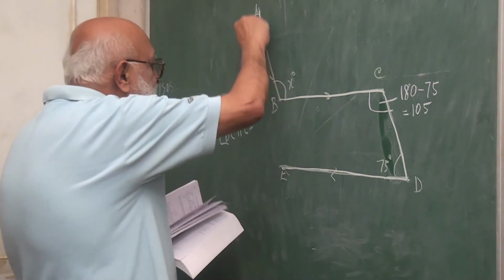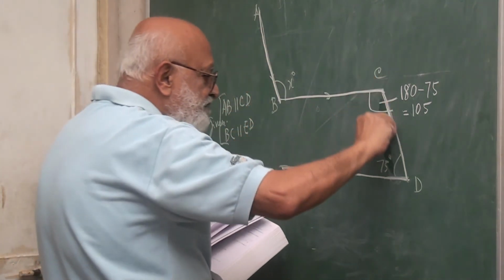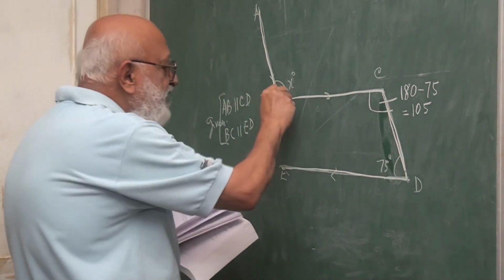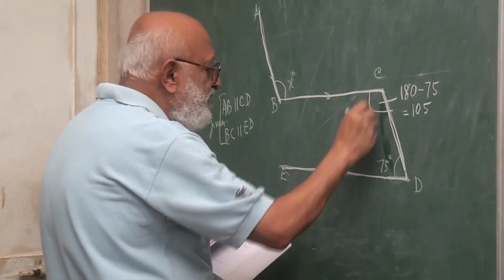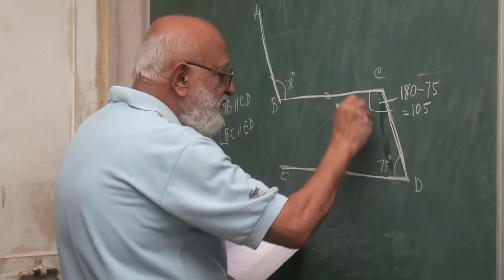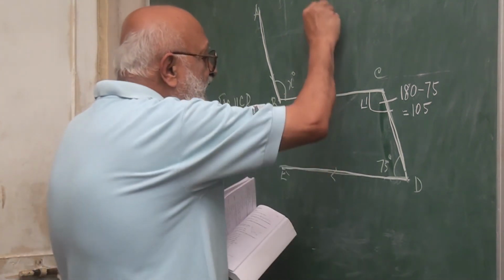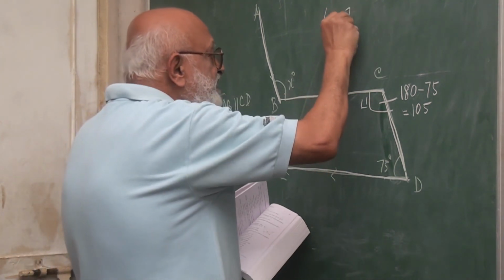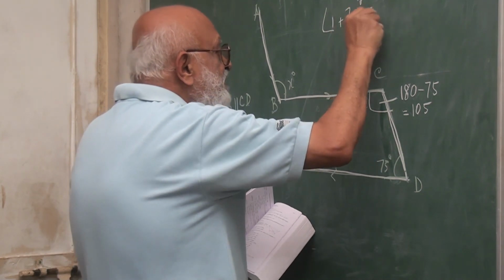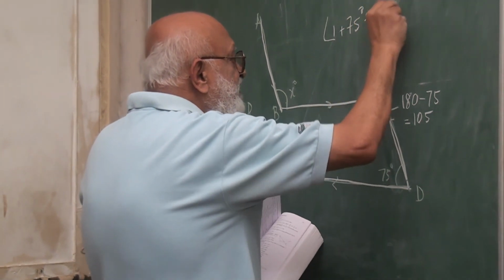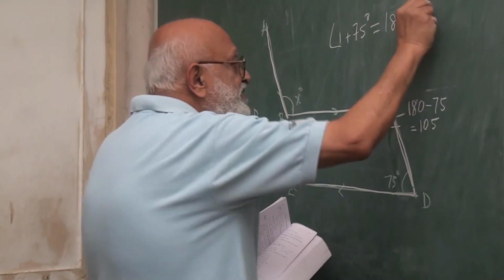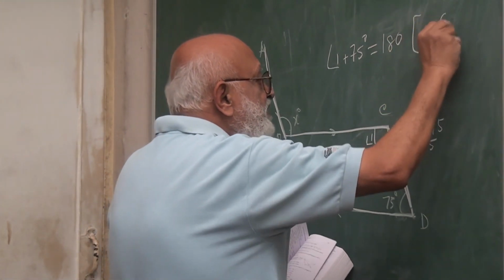This line and this line are parallel. So let me write them down. Angle 1 plus 75 degrees is equal to 180, because they are supplementary.